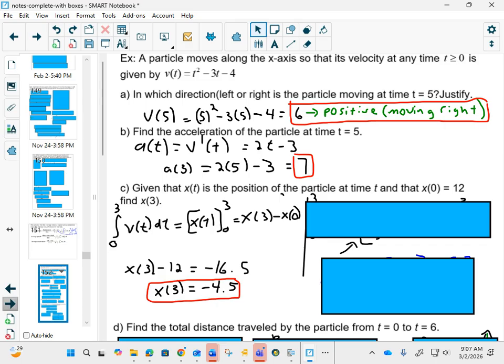I could plug this into my calculator. These are often calculator questions with the equation that I had. And I could figure out that the accumulation of change is negative 16.5.